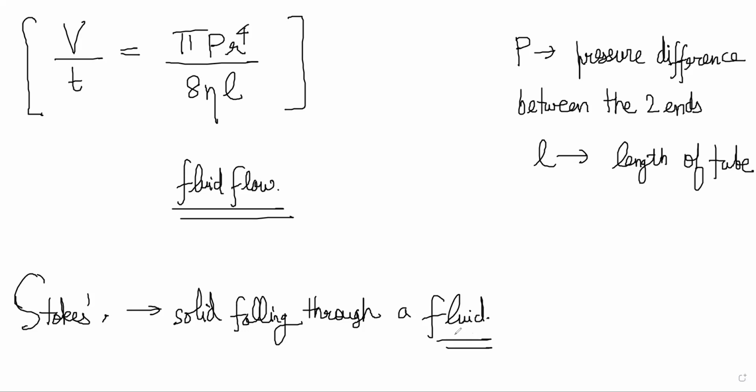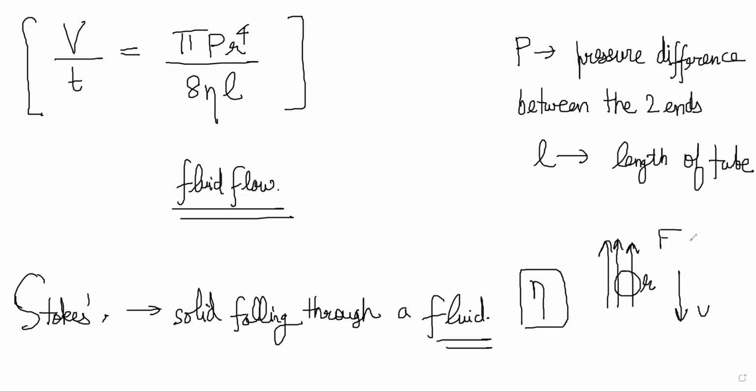The analysis here will assume that the solid is spherical. The solid that is falling is spherical, it has radius r, the fluid has coefficient of viscosity eta, and the solid has a velocity v. Now it is found again here that the viscous force, or the upward force on this falling solid, depends on how fast the solid is falling, its radius, and the viscosity.